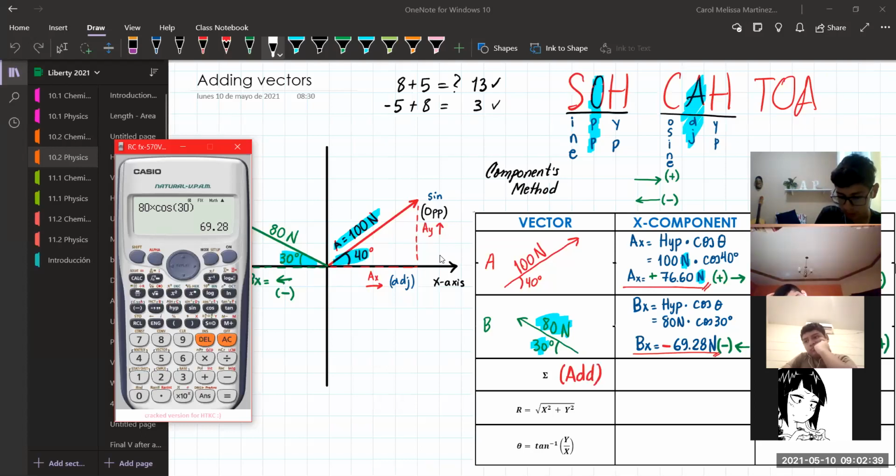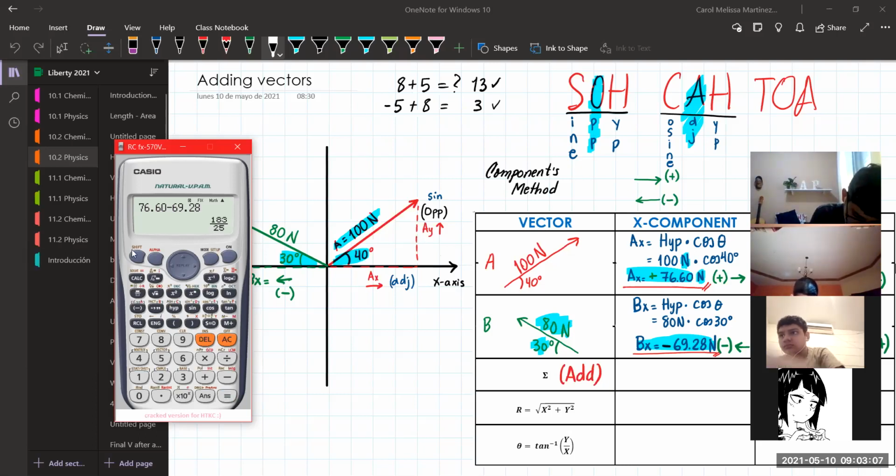Okay? How are you going to add? You're going to add each column. So you're going to add the 76.6 with the negative 69.28. So your calculator will be 76.60 minus 69.28.